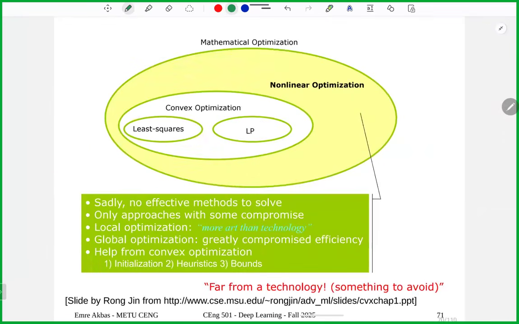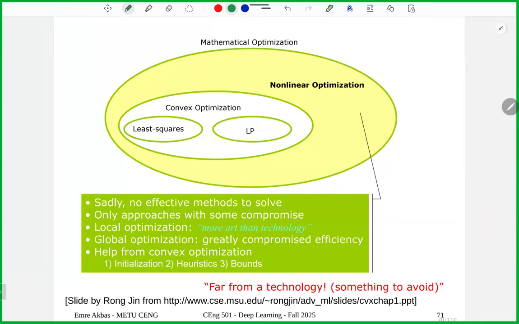What about nonlinear optimization? We are in this region with deep neural networks. Sadly, there are no effective methods to solve it. There are only approaches with some compromise, like local optimization, and this is more art than technology. I agree with this 100%. Optimization of deep neural networks is more art than science.